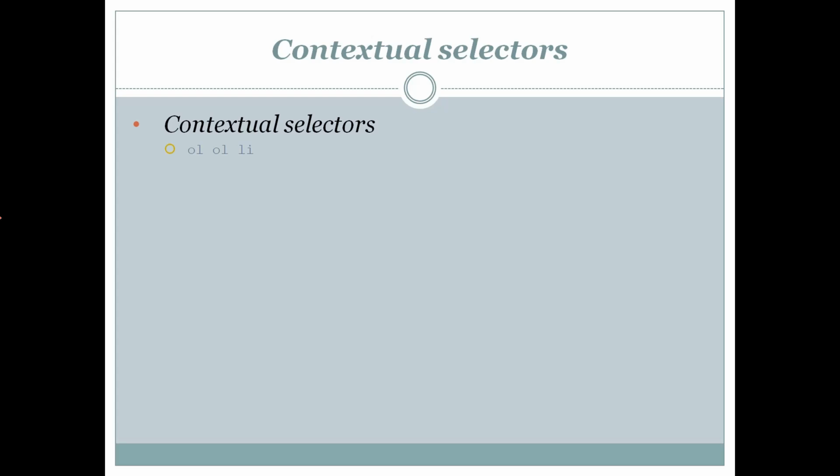That can also be done by using contextual selectors. The format is like this. If you want to apply some style specification to a list element which appears inside OL elements, ordered lists, then you can declare it something like this. Let us see this with an example now.